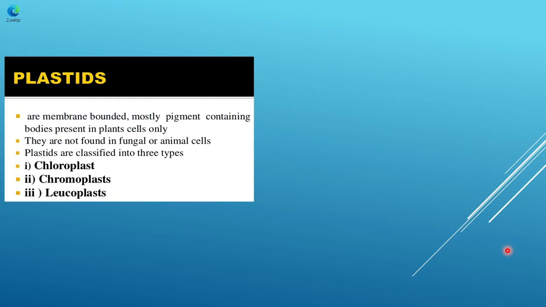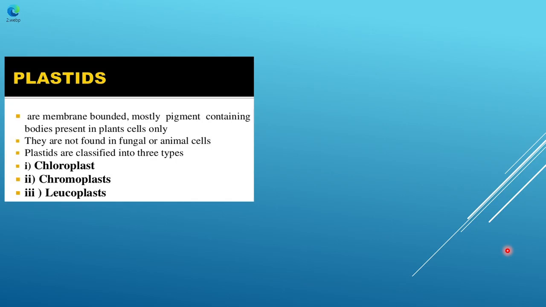Now, unlike mitochondria, which is present in both plant and animal cells, plastids are found only in plant cells. You will never find plastids in animal cells. These are the organelles that are responsible for photosynthesis. How are they responsible for photosynthesis?